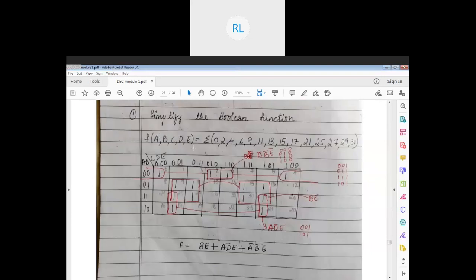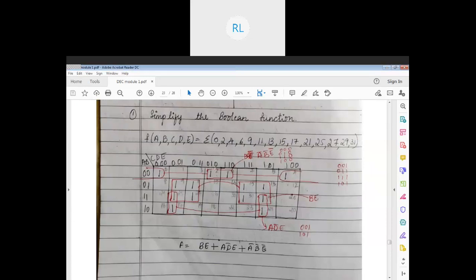Now let us see this function F of A, B, C, D, E. So I have a clue that it is about 5 variables. Then I have summation and the numbers inside. So what I'm going to do, as usual, is put it as high. I have written in pencil here so that it becomes easy for you to understand which cell to highlight, which is to be taken as high.